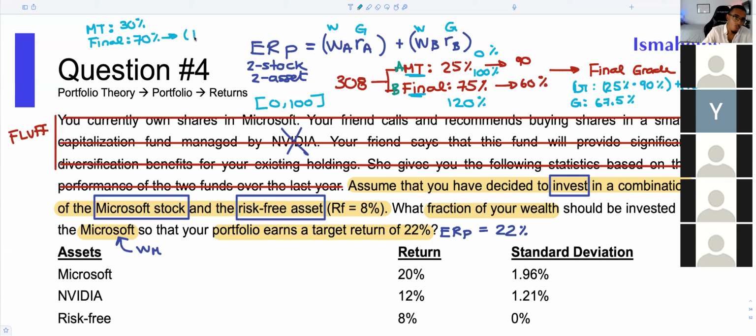You did 1 minus 30%, and that gave you 70%. So with that in mind, what you could say is that if weight A is equal to a random amount, 25%, we could say that weight B is equal to 1 minus 25%. In other words, it's equal to 1 minus the weight of A.